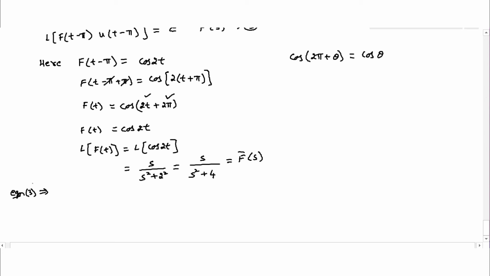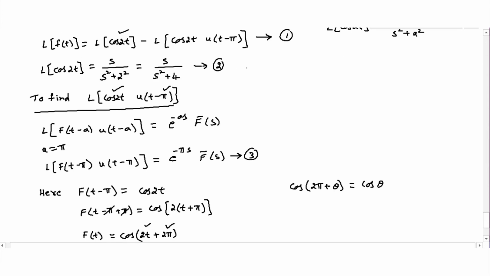you just see above, there you have equation number 3. So Laplace transform of f of t minus pi, I have taken that as cos 2t, into u of t minus pi, I'll write it as it is, equals e power of minus pi s as it is, and you have F bar of s over here, that is nothing but s by s square plus 4.